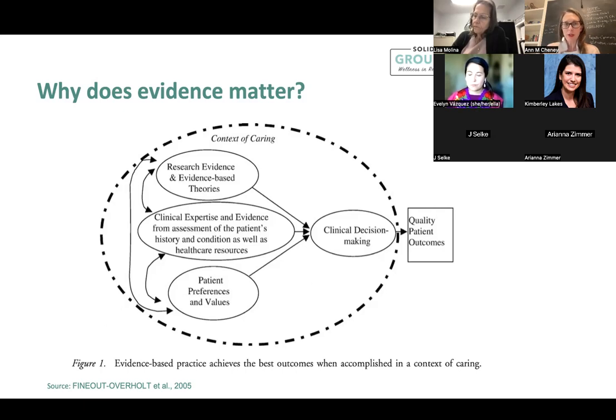So how does research help us in this context? Together, research, clinical expertise, and patient perspectives contribute to the creation of evidence and inform clinical decision-making, and ultimately that influences patient outcomes. So we can't have one or the other. We need all three in this case.